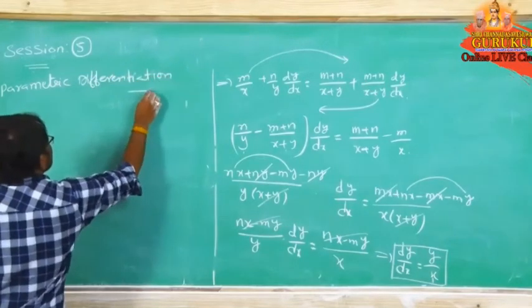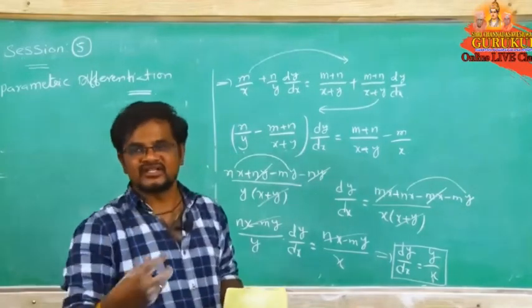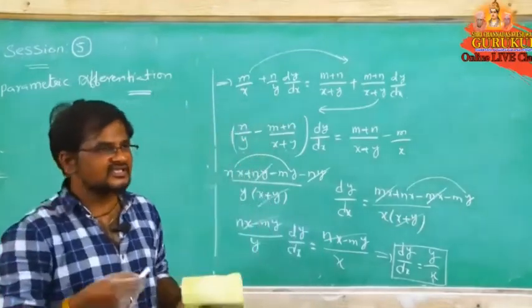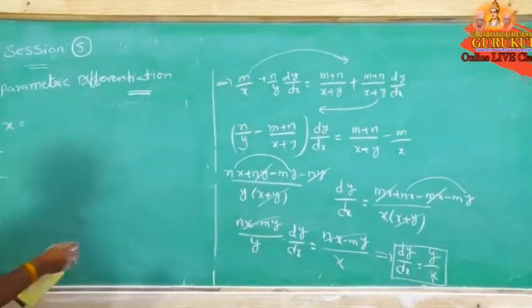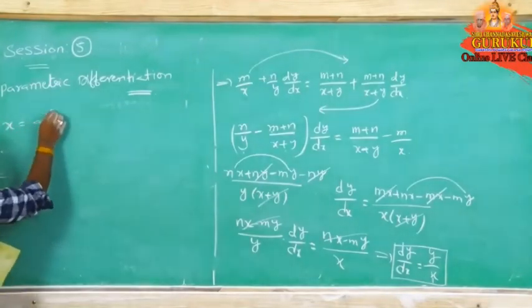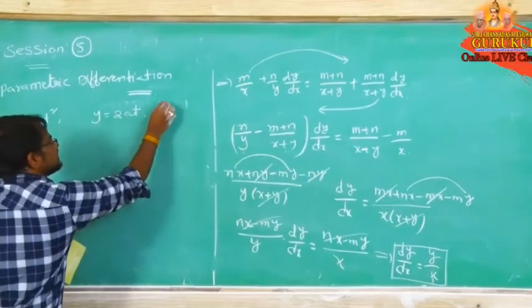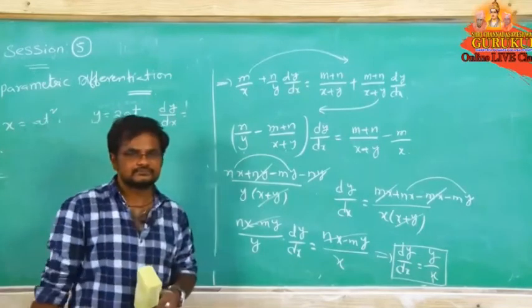Parametric differentiation means the function is given in terms of another parameter. For example, just one or two examples I will give: x equal to at square, y equal to 2at, then find dy by dx. Like this they give.